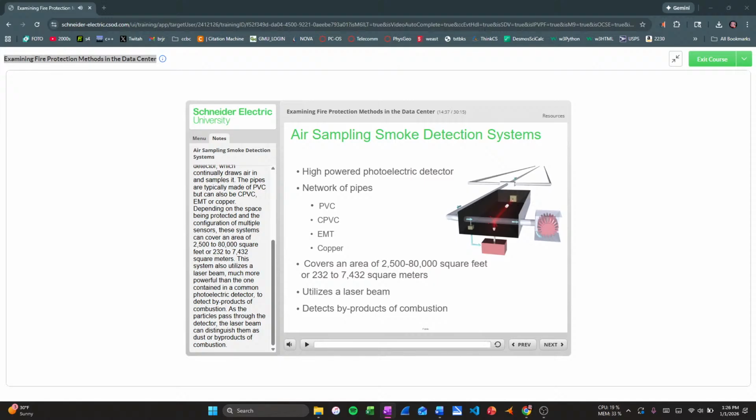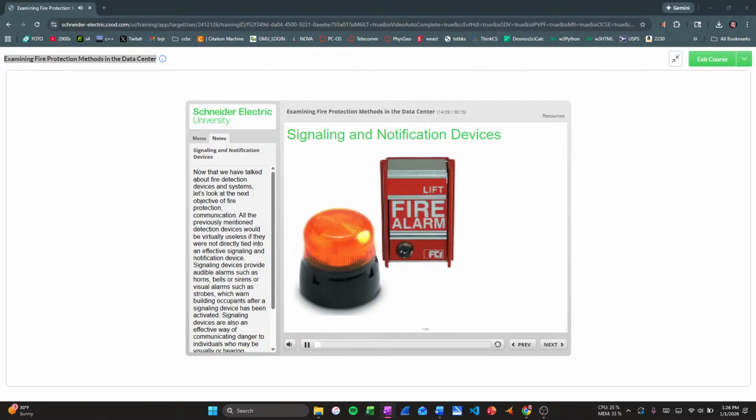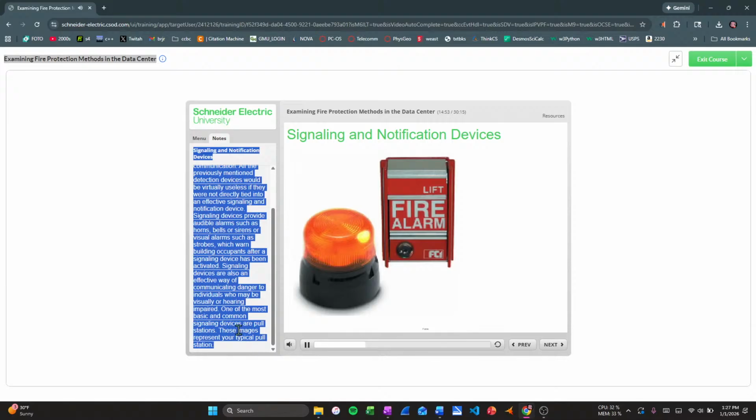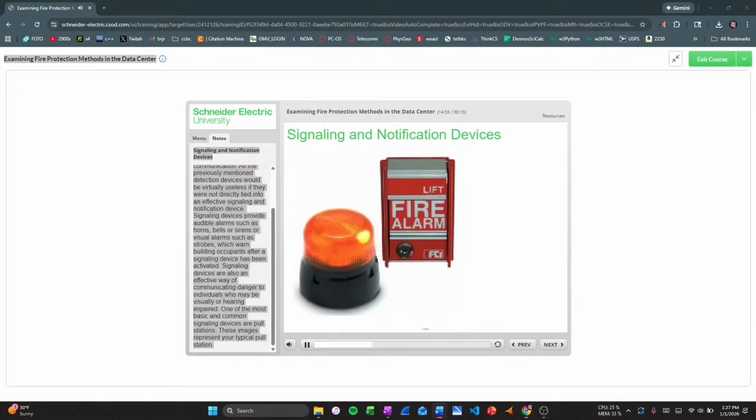Now that we've talked about fire detection devices and systems, let's take a look at the next objective of fire protection: communication. All of the previously mentioned detection devices would be virtually useless if they were not directly tied into an effective signaling and notification device.